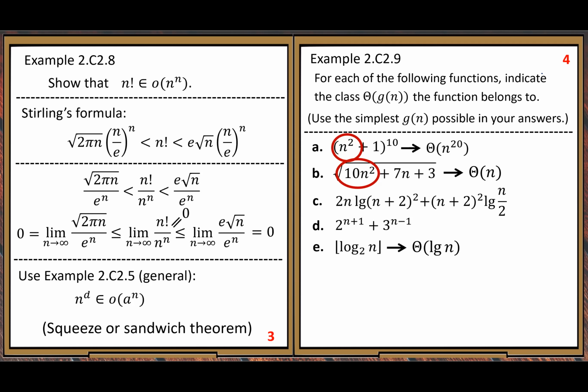Now E. Because it's simple, I jump to E faster. The floor function differs from the original function by less than 1. That term is too little, so we can ignore it. That means you can remove the floor function to make it look simpler.